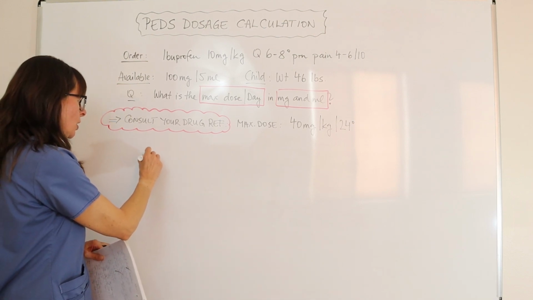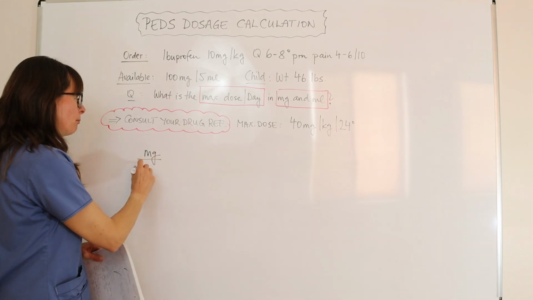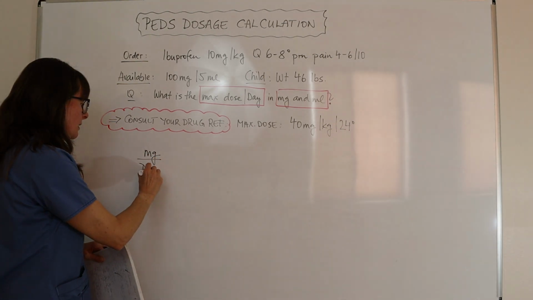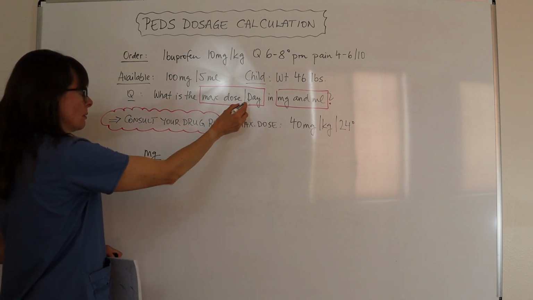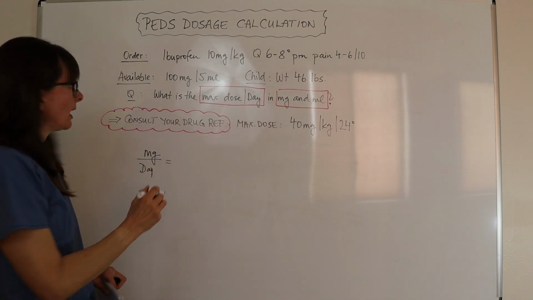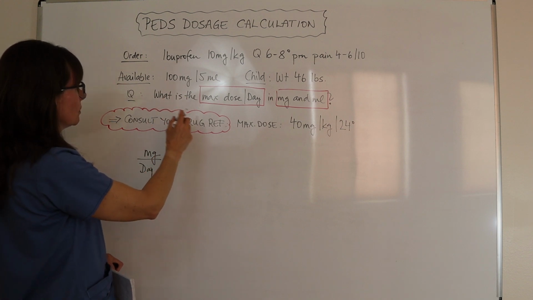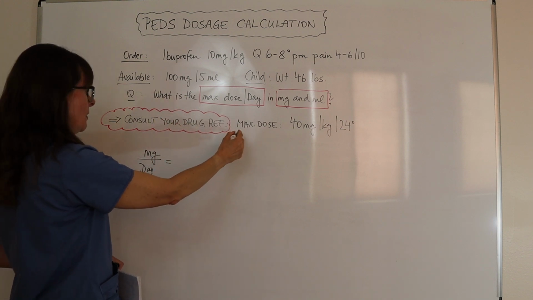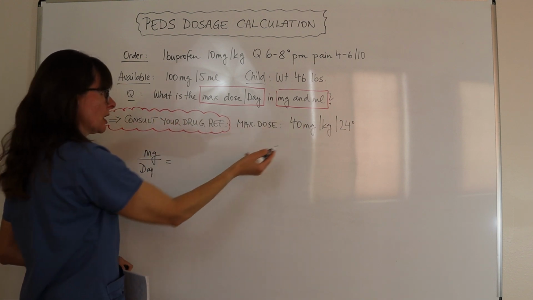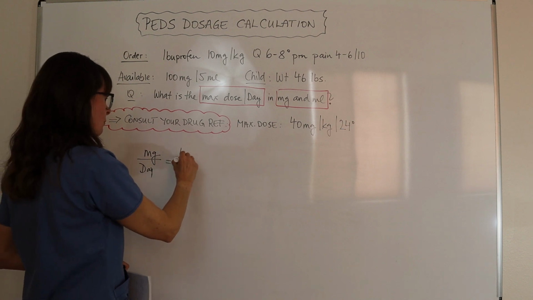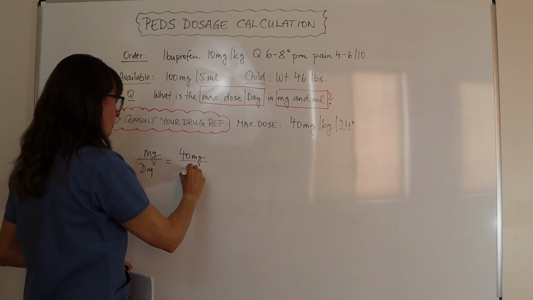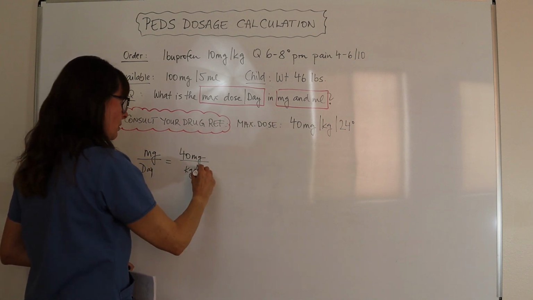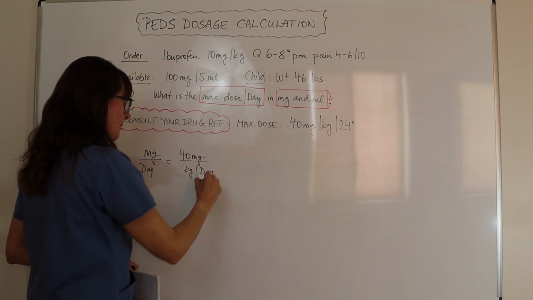So we'll start with milligrams per day, which is the max dose we're looking for. Now I'll take a look and see what I have available. Well, I have the max dose given per kilo, so we need to convert that. So 40 milligrams per kilo, and then remember 24 hours is a day.